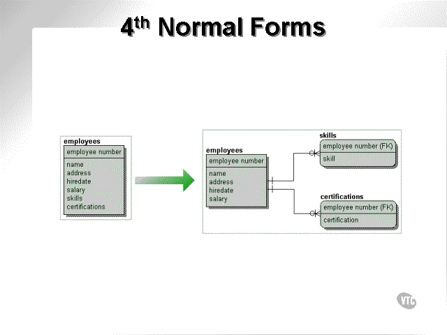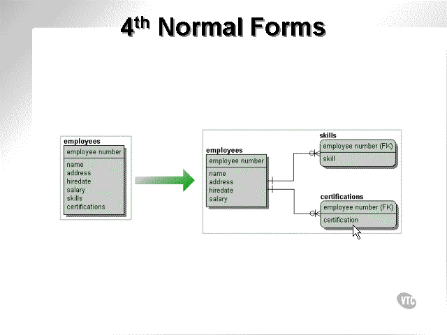So what do we do? We take the null valued columns and we put them into a separate table. So what's actually happened here in this employees entity is that the skills and certifications, in this case, these are probably going to be very large character data types, and we've taken the skills and certifications columns and removed them into separate tables.